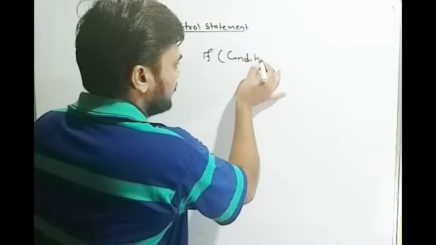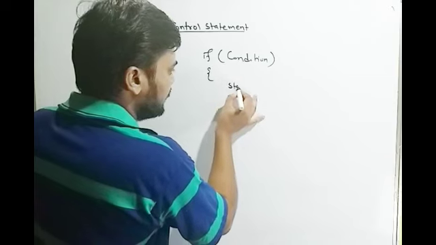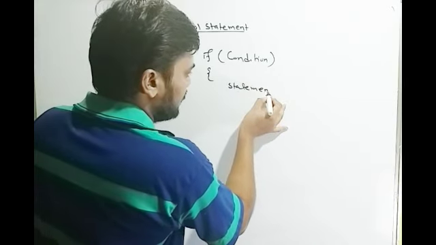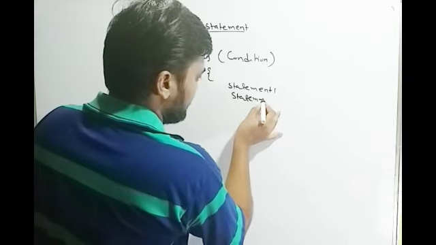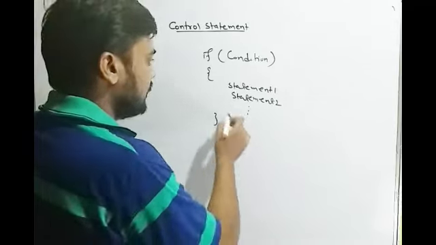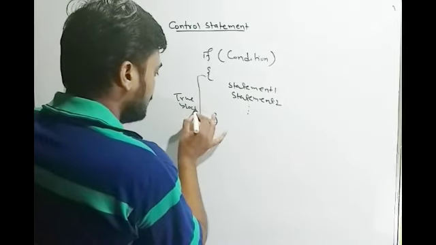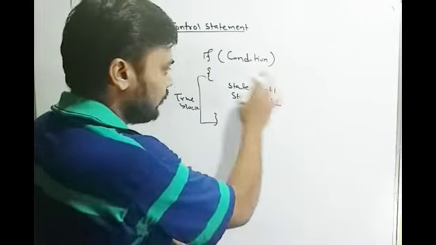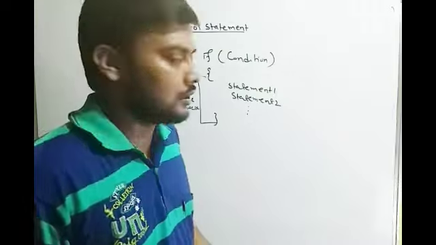If the condition is true, then the true block, that means statement 1, statement 2 and more statements, is executed. That is called the true block, because if the condition is true, then that block will be executed.